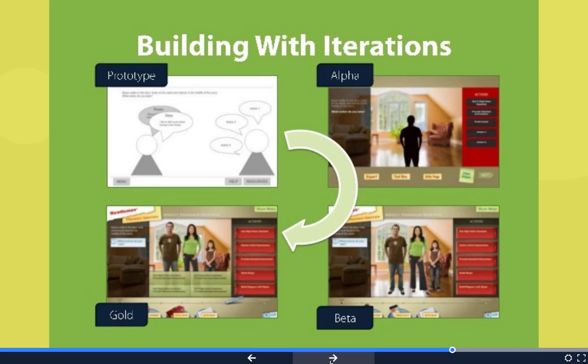Notice how that arrow goes through alpha and beta. To get to gold, you've got to go through those series. At any point in time, if it does not make the mark in those steps, it can go back to the prototype, go back down to the design phase, and then start back over. Back to the drawing board we go.